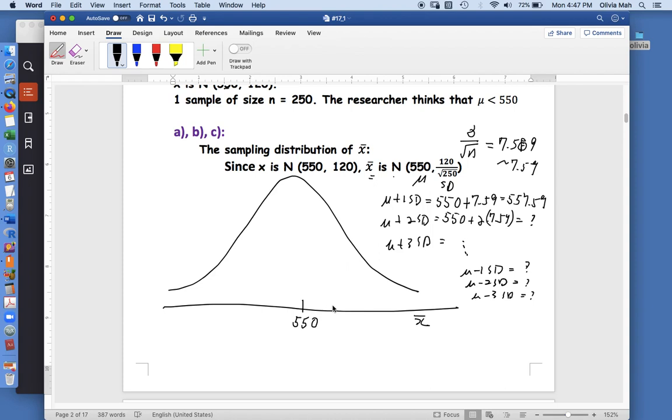So let me quickly do this. On the other side, mu minus 1 standard deviation is 542.41.